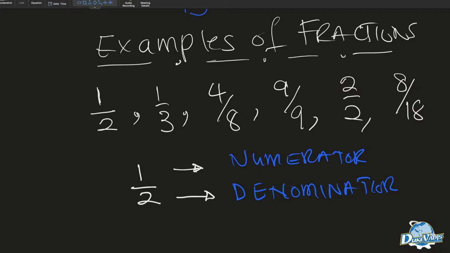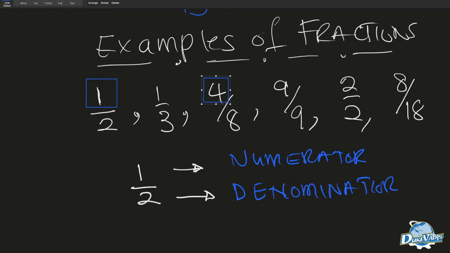Let's see the best way to approach it. When I take this one, I highlight this one, you see, this is our numerator. This one over here is also going to be the numerator. So 4 is also a numerator.